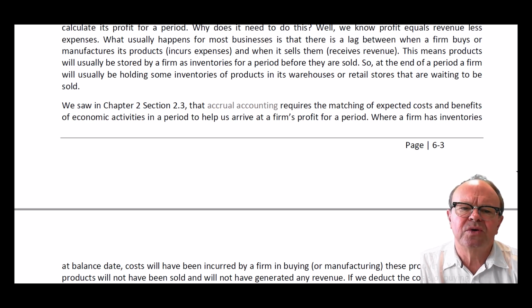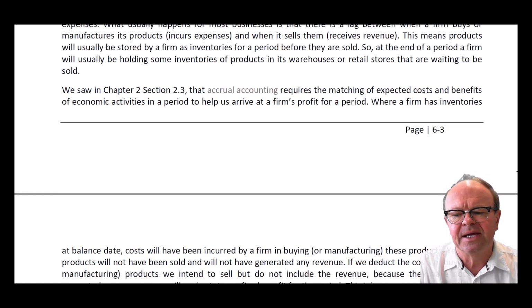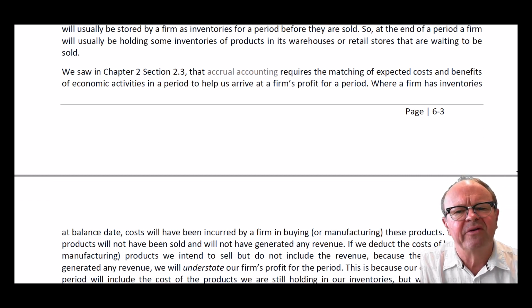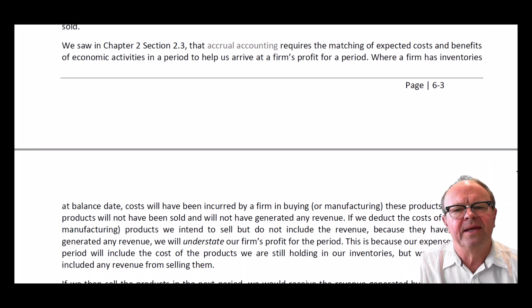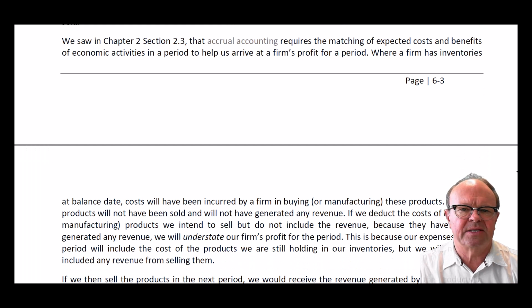We saw in Chapter 2, Section 2.3, that accrual accounting requires the matching of expected costs and benefits of economic activities in a period to help us arrive at a firm's profit for a period. Where a firm has inventories at balance date, costs will have been incurred by a firm in buying or manufacturing these products. Yet these products will not have been sold and will not have generated any revenue.